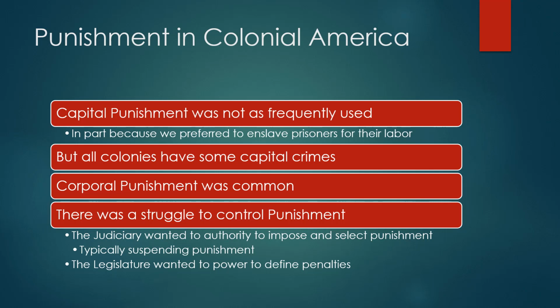The legislative branch is going to set the rules about punishment, maybe, and the judiciary is going to set the punishment. It's going to apply it. Well, between those two, there's a real struggle. The judiciary wants the authority to say, this is the punishment, we're going to do this. Or, yeah, he violated the law, but we're going to suspend the punishment. We're not going to suspend it.